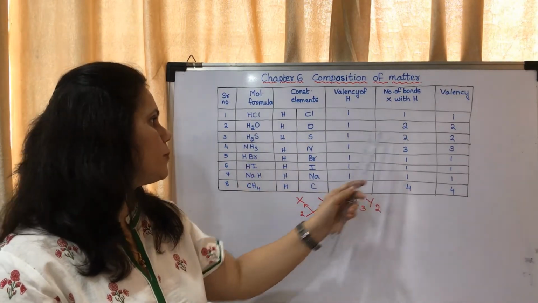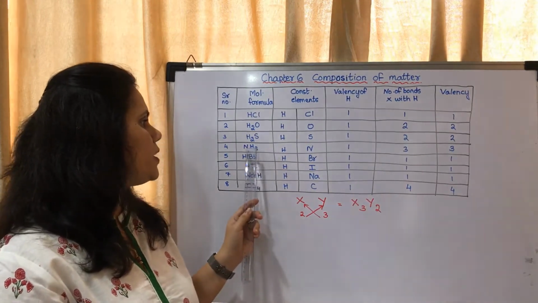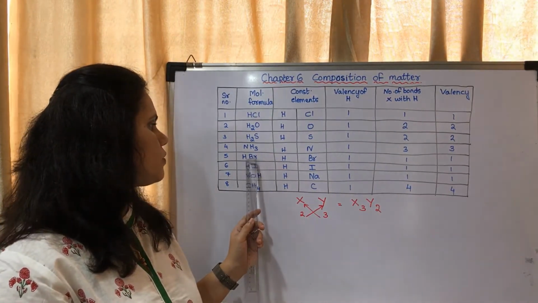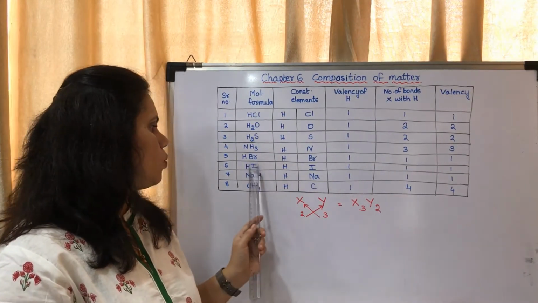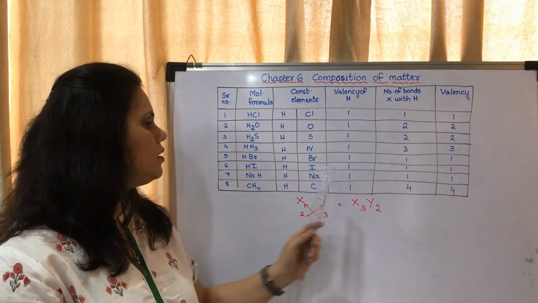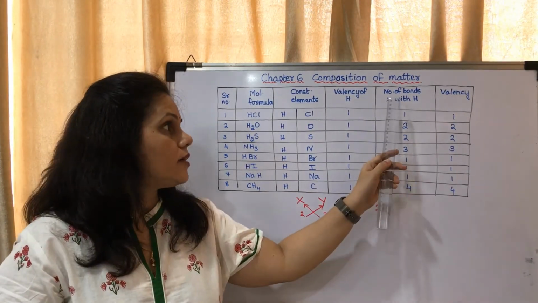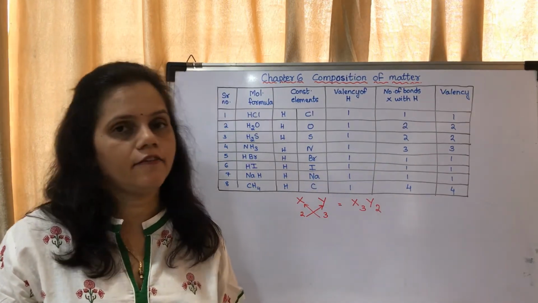So the number 2. How many atoms of hydrogen? 3. So the number 3. How many atoms of hydrogen? 1. So the number 1. The numbers are 1, 1, 1, 1, 4, 4. Okay. So what will be the number of bonds of X with H? That will be its valency.